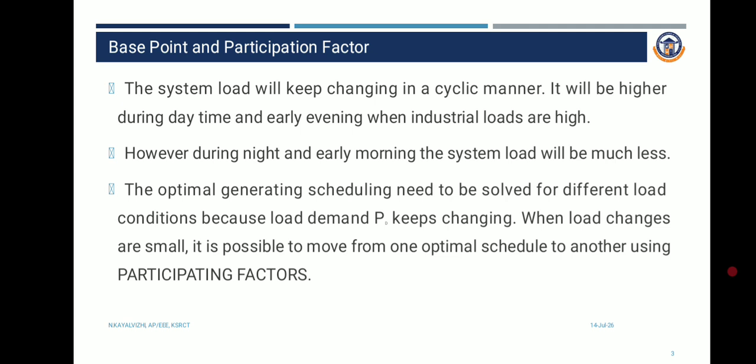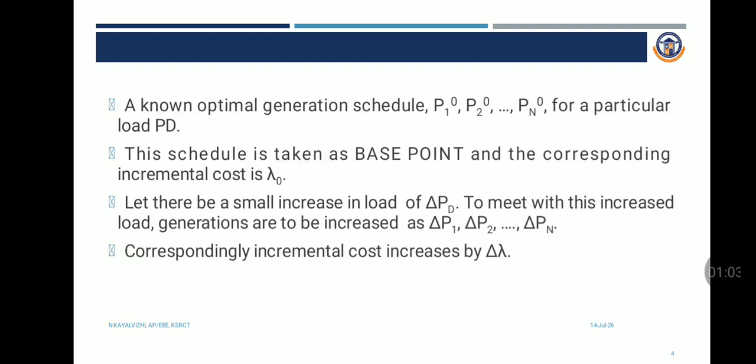When load changes are small, it is possible to move from one optimal schedule to another using participation factors. The known optimal generation schedule is P1 naught, P2 naught, and so on up to Pn naught.